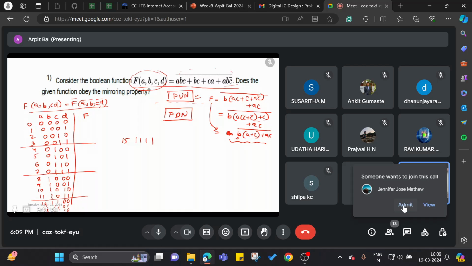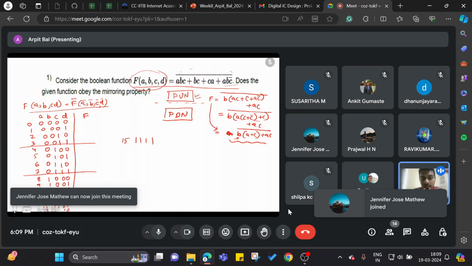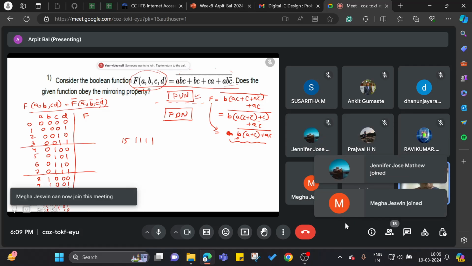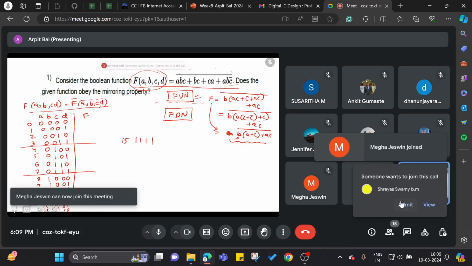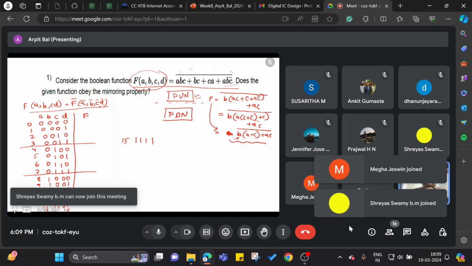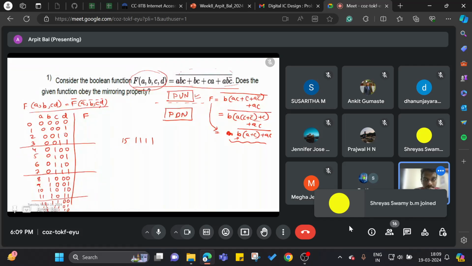So can someone tell me what will be the F value? If A, B, C is 0, 0, 0, what will be my F? 1.